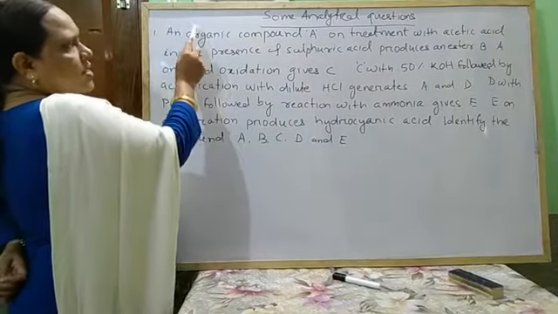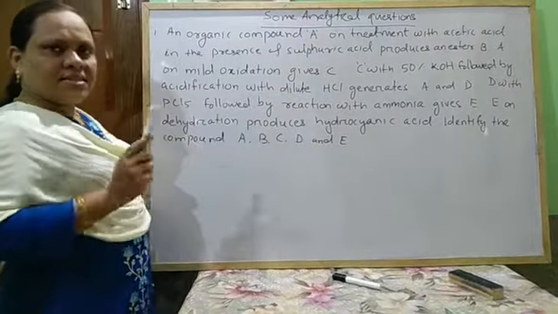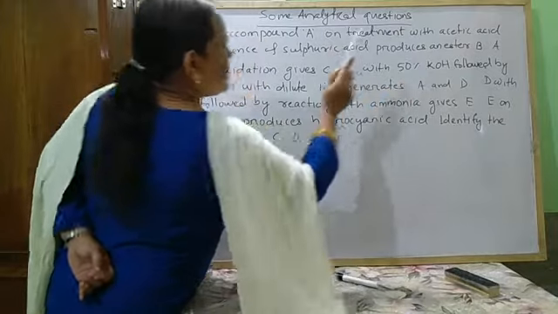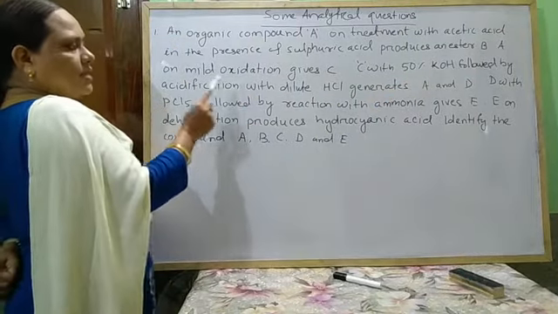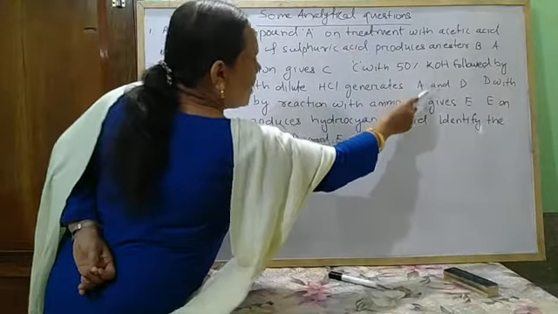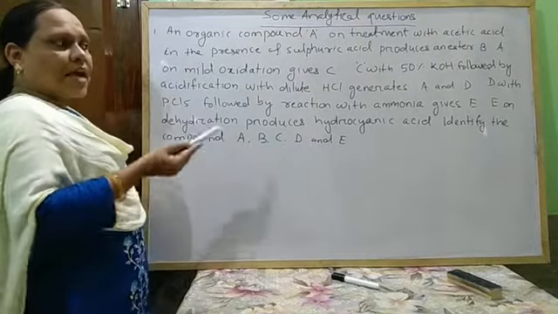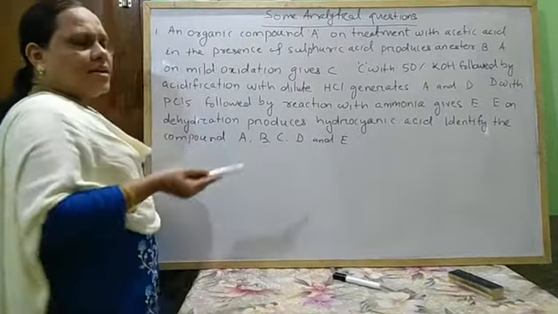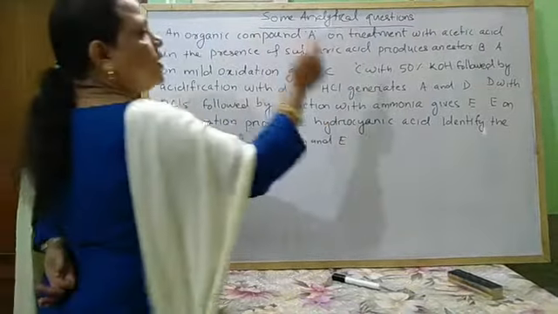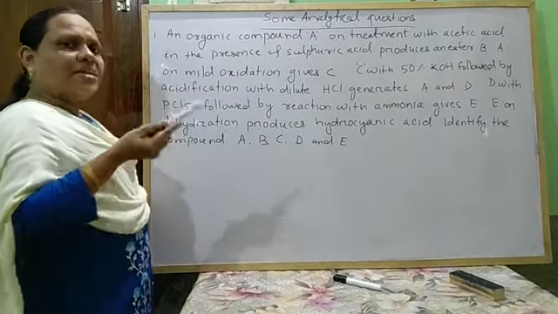As this is an alcohol, then mild oxidation gives C, means that is an aldehyde. Then C with 50% potassium hydroxide followed by acidification with dilute HCl generates A and D. So any aldehyde which generally contains alpha hydrogen atom, when treated with dilute alkali, gives one product, that is alcohol.